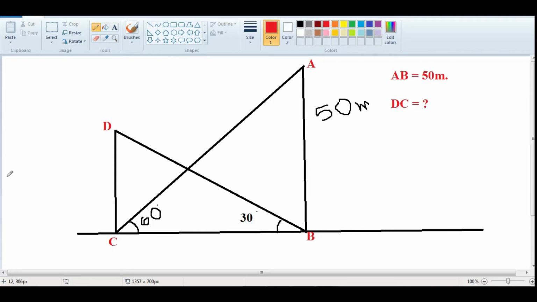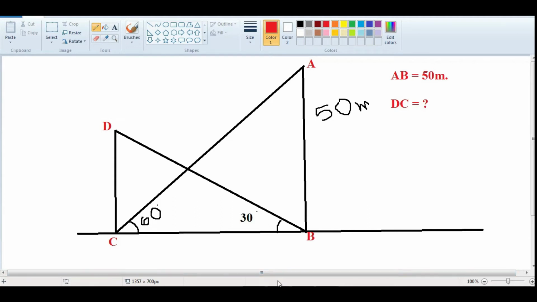So what we can do, we have to apply the tan theta formula, and we can find the base, that is the BC or CB. We have to find this length BC.